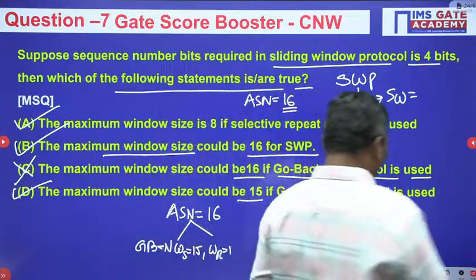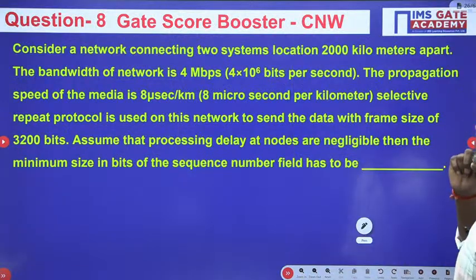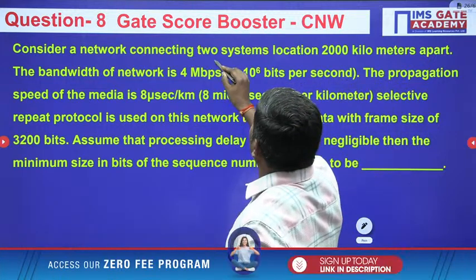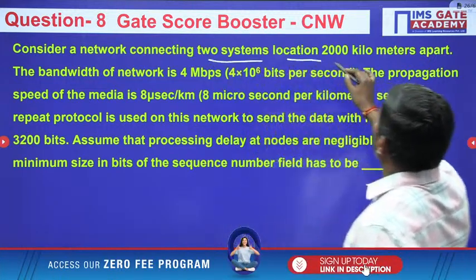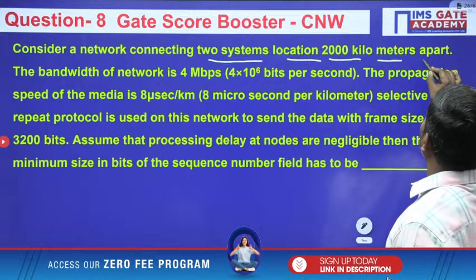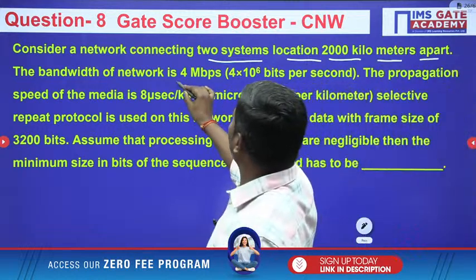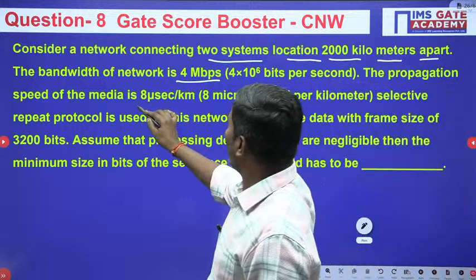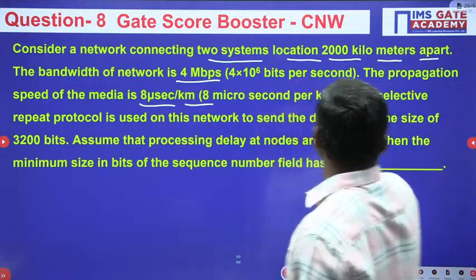Come to the next question. Now try to answer this one. Consider a network with two systems located 200 kilometers apart. The bandwidth of the network is 4 megabits per second. The propagation speed of the media is 8 microseconds per kilometer.